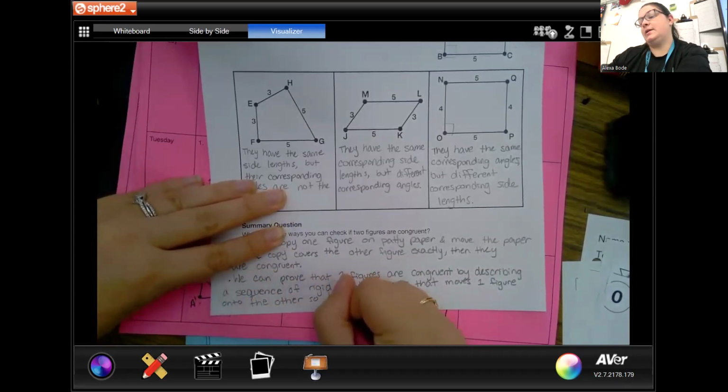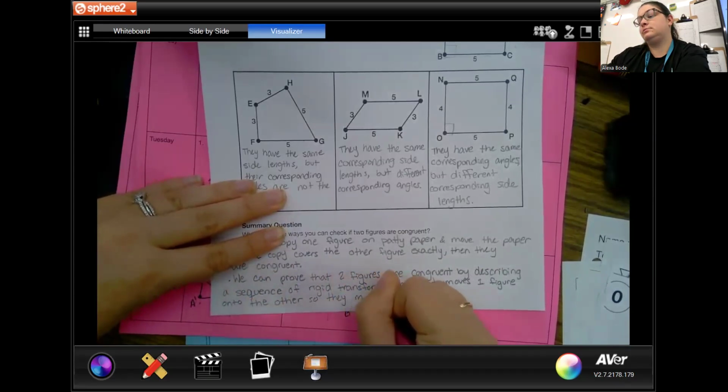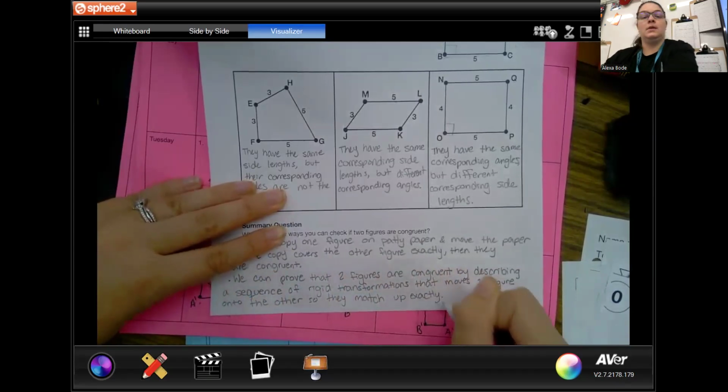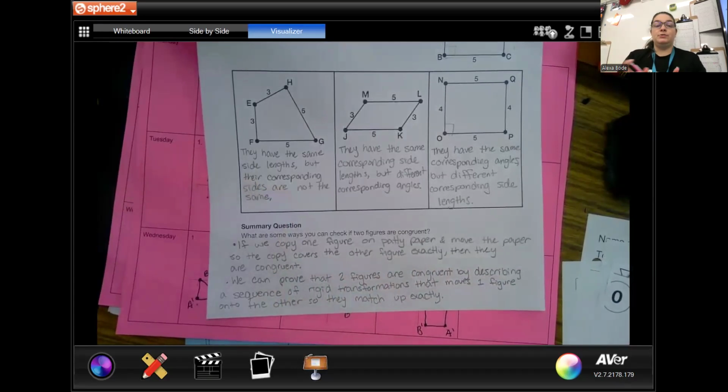So they match up exactly. Again, if you use translation, reflection, rotation, and they match up, it's congruent. If you use translation, reflection, rotation, and they do not match up, then they are not congruent.